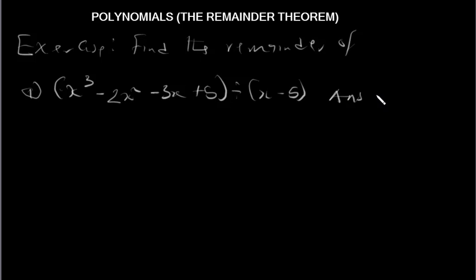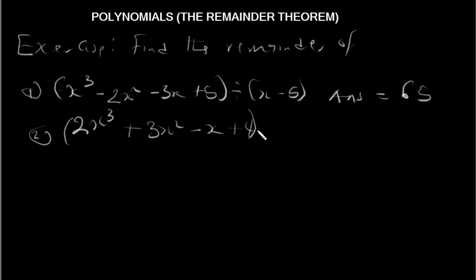Answer equals 65. Next, 2x cubed plus 3x squared minus x plus 4 divided by x plus 2.